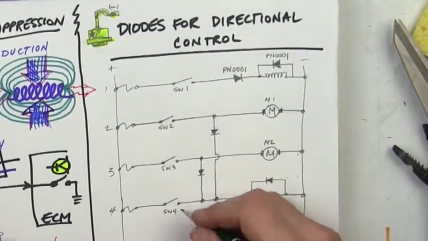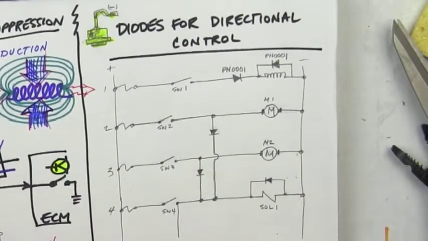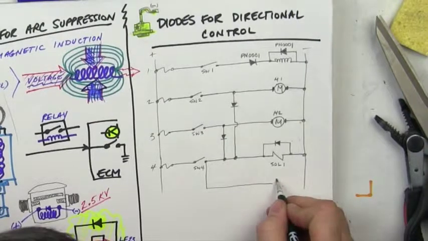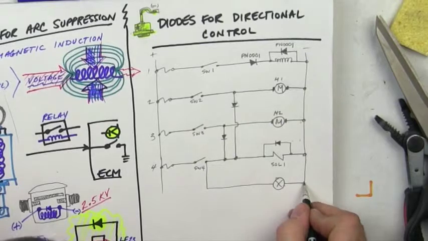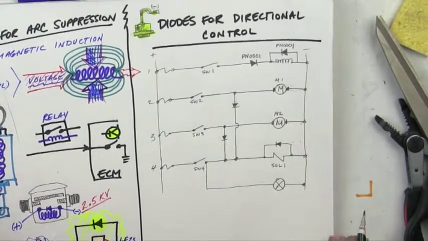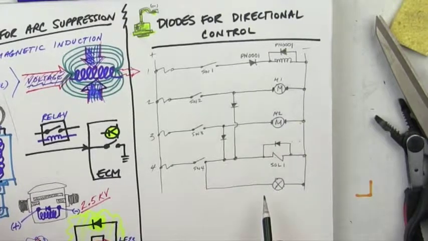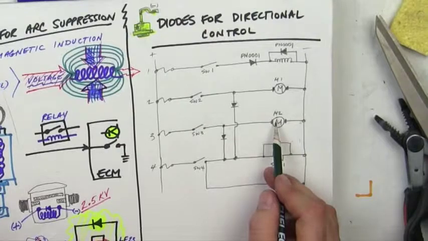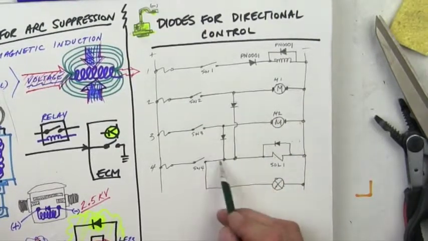Now we can make this even more interesting by having another component down here and have a light, for example. And I'll use this symbol for a light because you need to learn that one too. Now anytime the solenoid comes on, this light turns on, right? Anytime the motor is on, that motor will also cause that light to turn on.